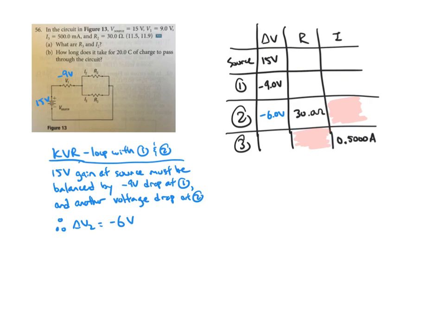So I'm going to say a similar argument for load 3 results in voltage for load 3 also being negative 6 volts.